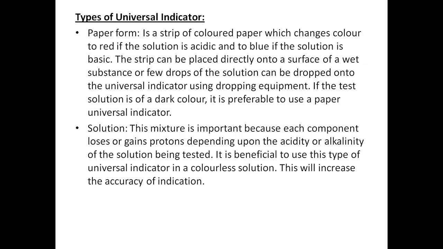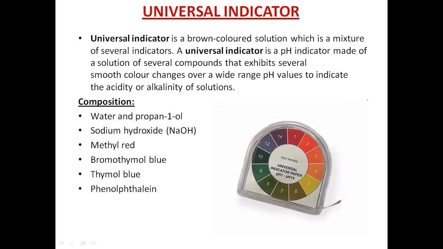The color that appears on the paper form can then be compared to a chart which is provided here. As you can see, this is the universal indicator paper. You are going to dip this paper into a solution, and the color that appears on this paper, you will match with these values, with these colors.